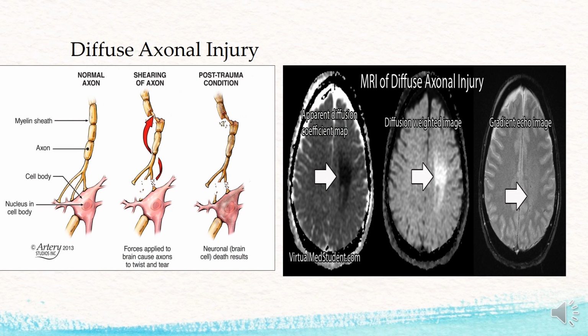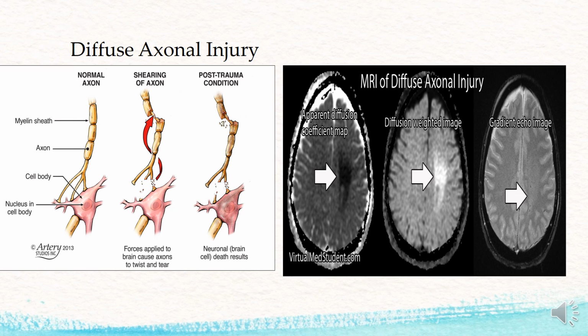So here's a slide as promised of the diffuse axonal injury. On the left we see a normal axon, we see the shearing of the axon in the middle, and then we see the death of the brain cell, the neuronal death. The axon's been sheared. We're in the central nervous system where, as far as we know, this is not going to be reparable, so it won't be repaired.